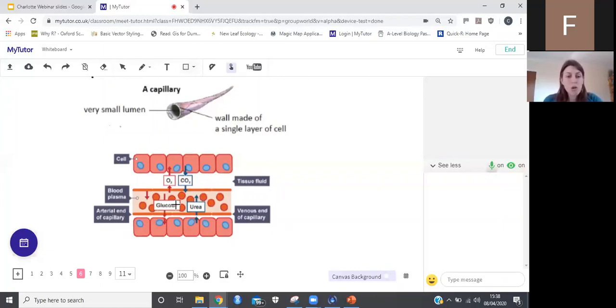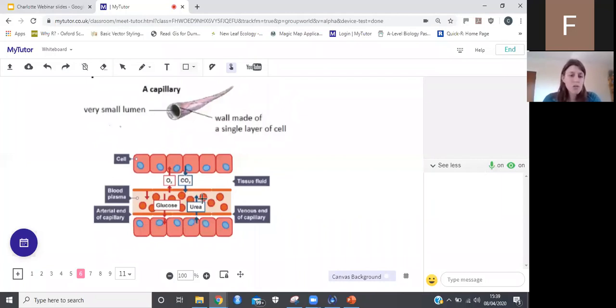We've also got glucose, which has been produced through digestion, the breakdown of complex carbohydrates into glucose means that we've now got glucose in our blood, it's been absorbed. And then that can go straight to the cells to also be used in respiration to provide us with energy.